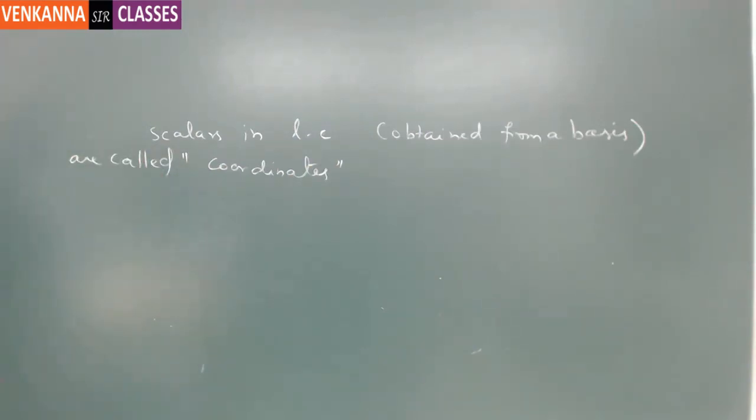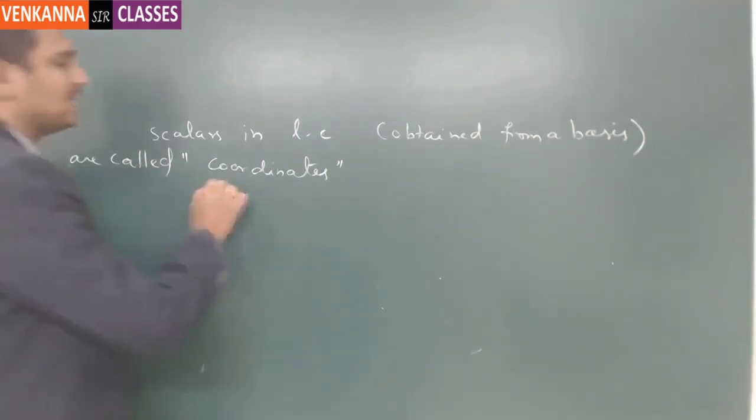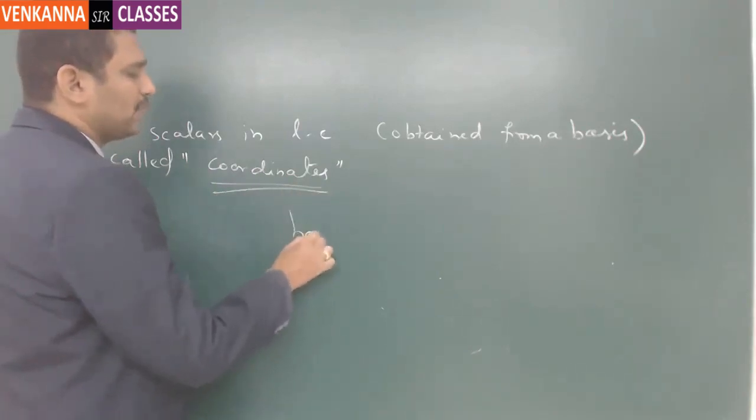So whenever we find a linear combination and the vectors used in that linear combination are basis vectors, then the scalars in that linear combination we call coordinates. Please understand that coordinates will vary from basis to basis.